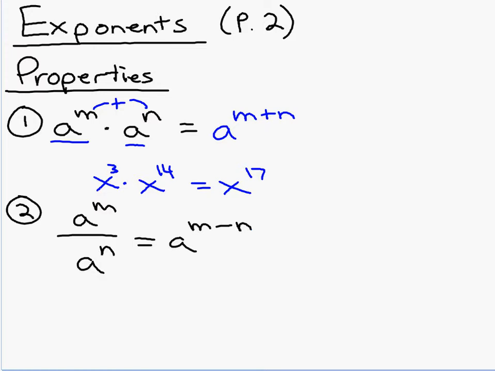So let's say that I had x to the 14th over x to the third. That's going to be x to the 11th. You would subtract those exponents. All right? And keep moving.